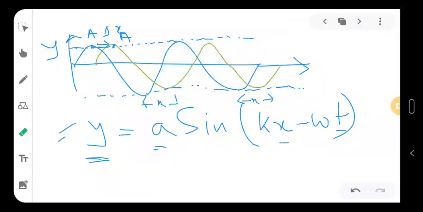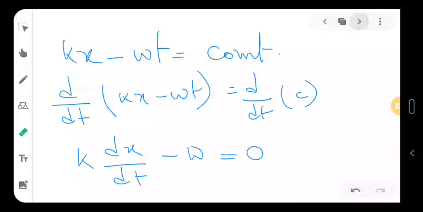But we need to know how the energy is transferred. So if we take the waveform, and see how much it is shifting with respect to time, that is, if I take dx dt only, then I can get the velocity.